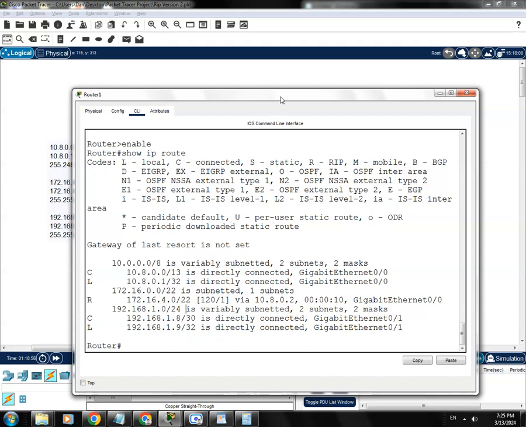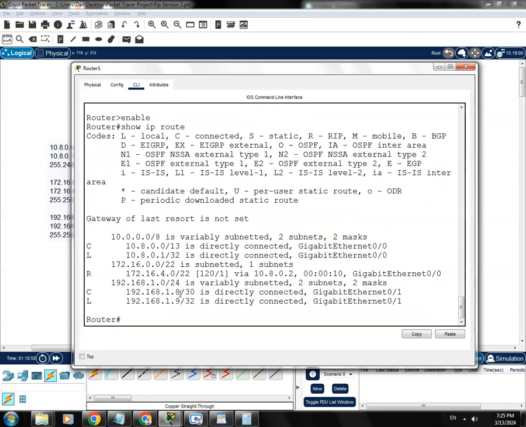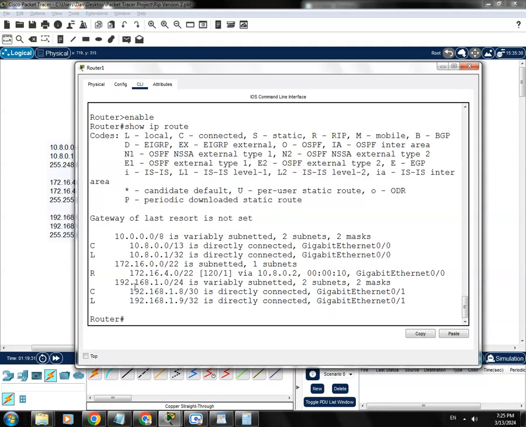Normally, if the network is not subnetted, you'll see /24 for class C, /16 for class B, and /8 for class A. You won't see this if it's classful, but since this is classless, they are subnetted. So these are subnetted IP addresses.